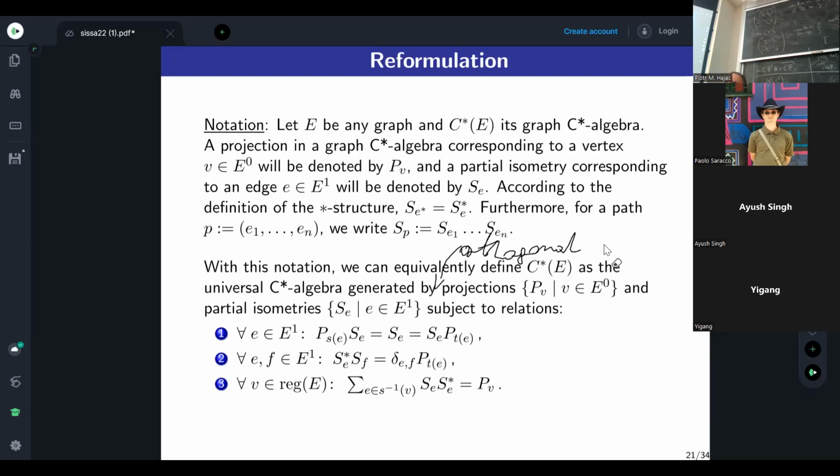So, sorry, I don't remember this from last time, but like we are multiplying operators following the ordering of the path. Yes, exactly. So the projection is like before, because the source is before. Yeah, exactly. So in other words, I say I have a vertex. I multiply it by an edge starting in this vertex, and this is this edge.